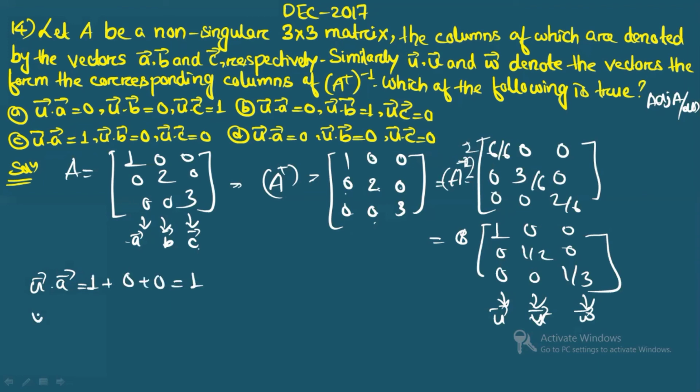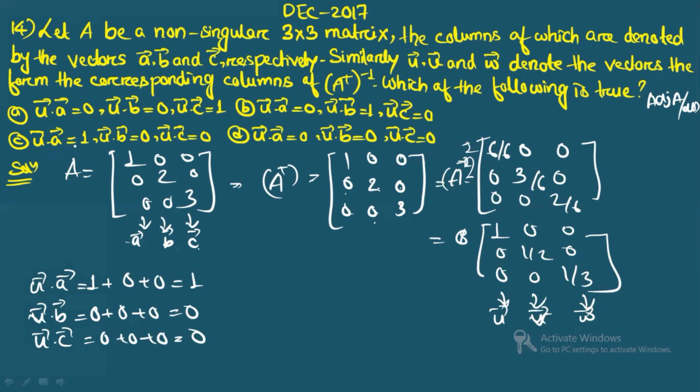So this is 1. Similarly, you will do U dot B, this with this. So you will get 0, plus 0, so it is 0. U dot C, this and this, again you will get 0 plus 0 plus 0. So U dot A is equal to 1, the rest is 0.